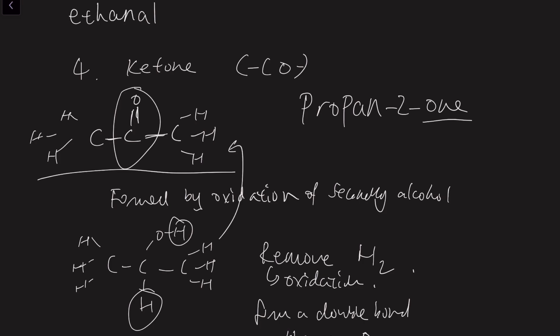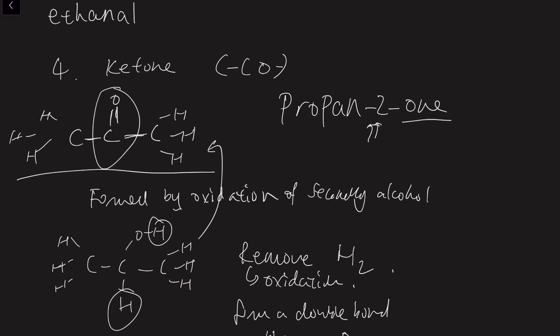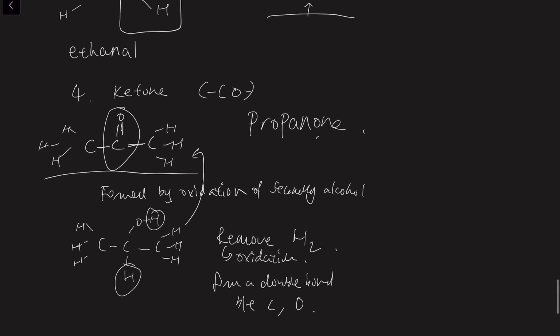And the position is also important, so you need to indicate the position number. But as you know, in this case, because there's only one possibility, you can still draw the molecule without knowing the position number. So just name this as propanone.